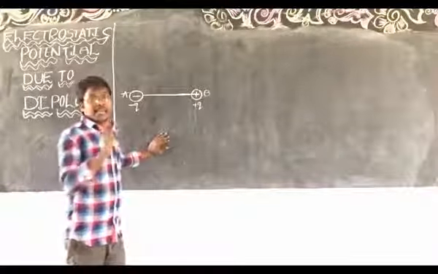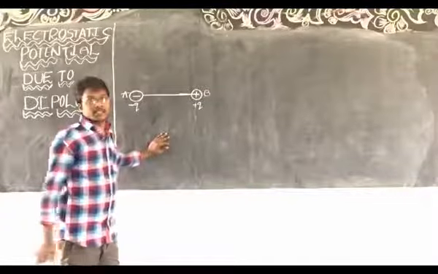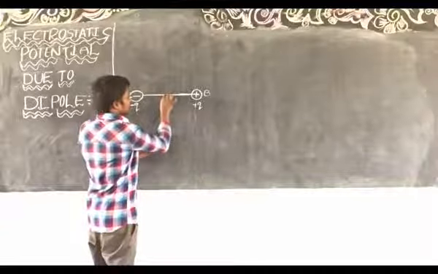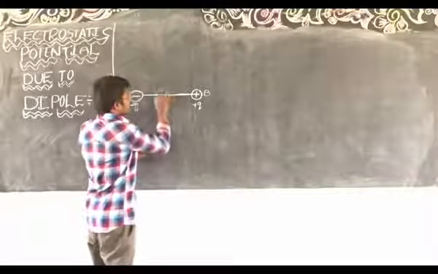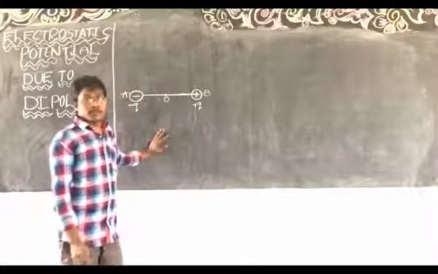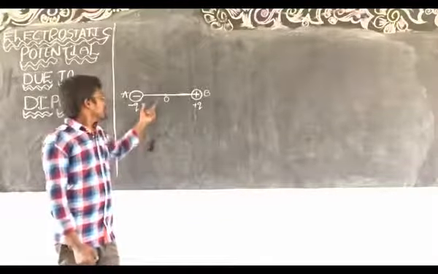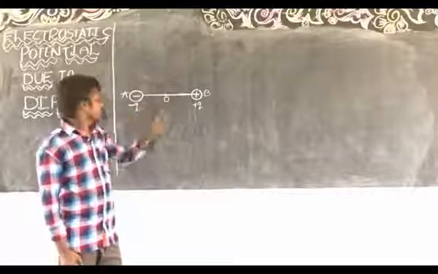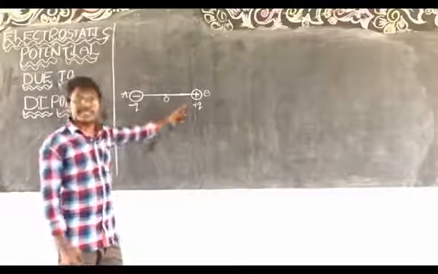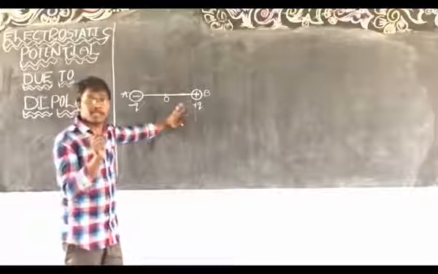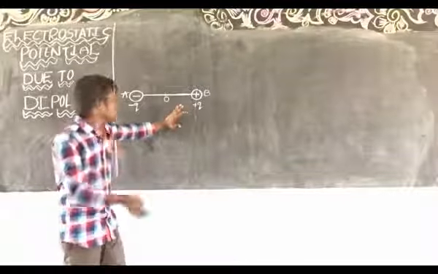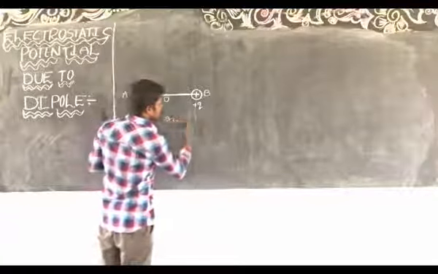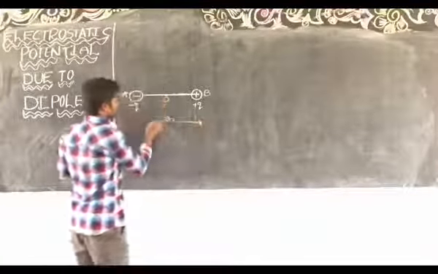The electric dipole has one midpoint. I am indicating that midpoint; this is O. The electric dipole has two equal and opposite charges, minus Q and plus Q. The distance between the two charges is 2A, so that should also be indicated.